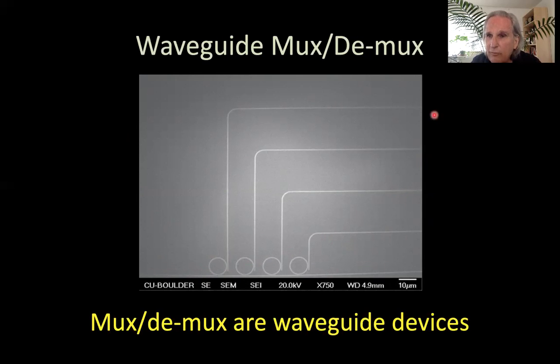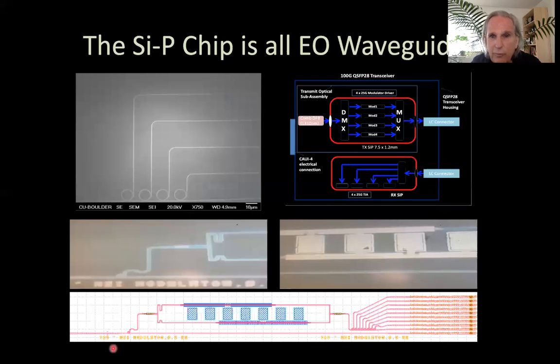Everything works in reverse. So if we put 4 signals in here, they would go in and they'd be multiplexed, going out this way. The purpose of showing all of this was that I started with saying that silicon photonics is a waveguide electro-optic device.